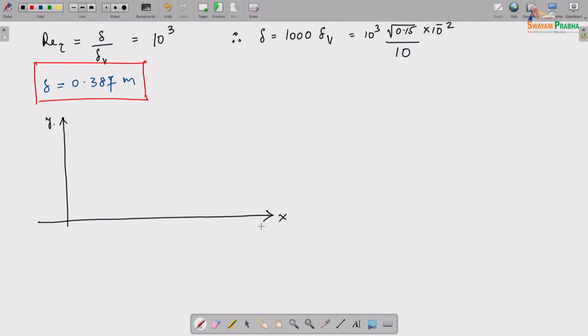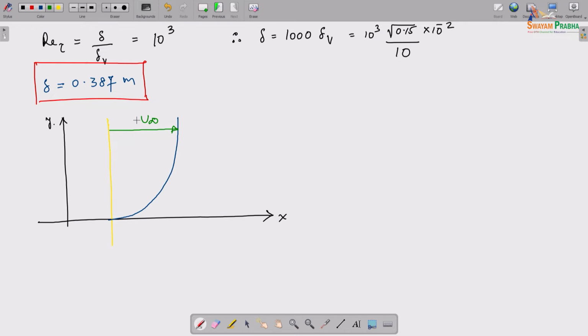Okay, so let's just say at some location, and this is my boundary layer. This is my turbulent boundary layer, where this of course is the free stream velocity.